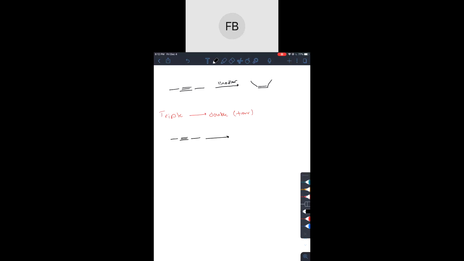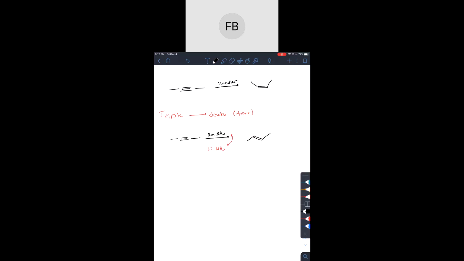So it can be Na/NH3, or it can be Li/NH3. Either of these would work. Right? And basically that's just going to give us the same thing, but it's going to be trans. And there's a double bond there.